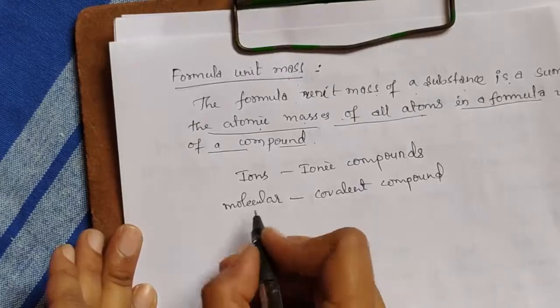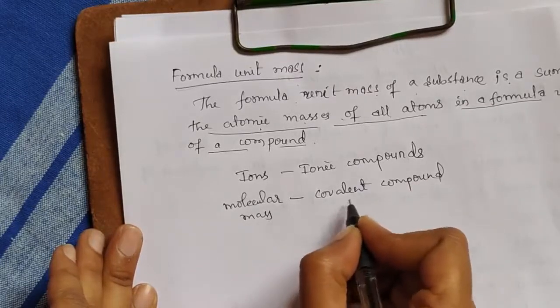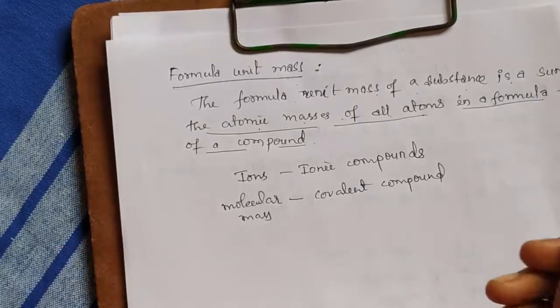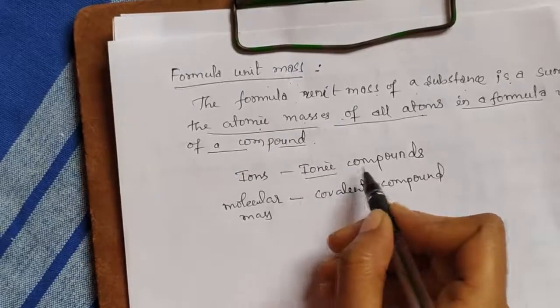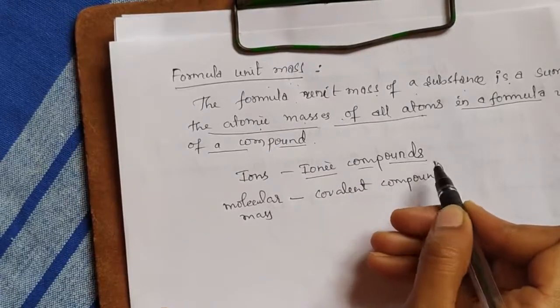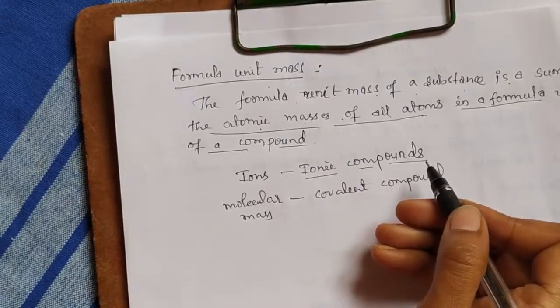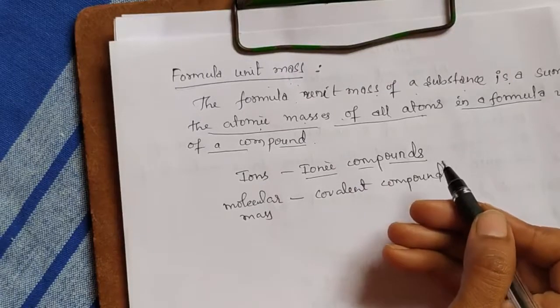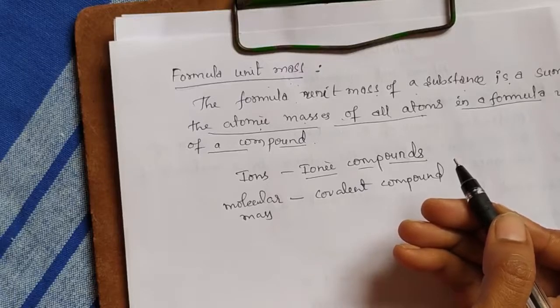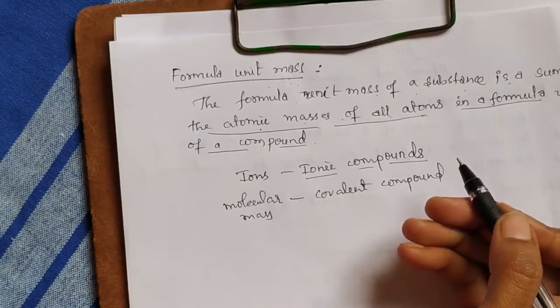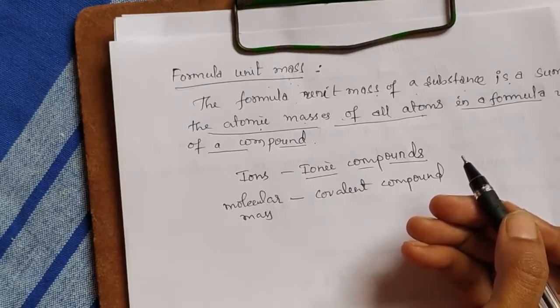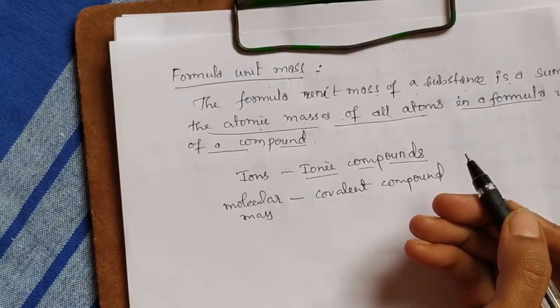The way of calculating is the same for both. Okay, units are also the same, but the only difference is formula unit mass is used in case of compounds where ions are the constituent particles, but molecular mass is used in case of covalent compounds.